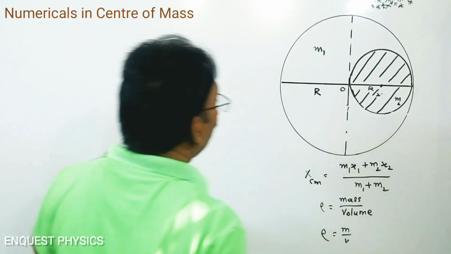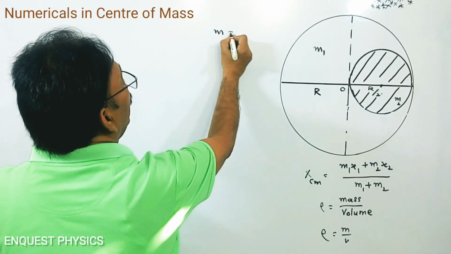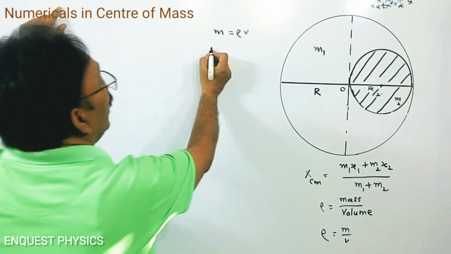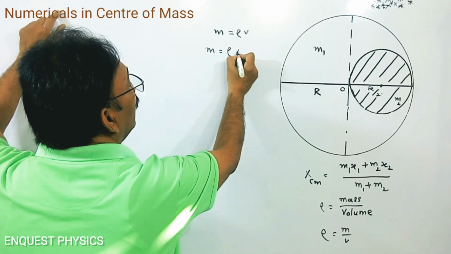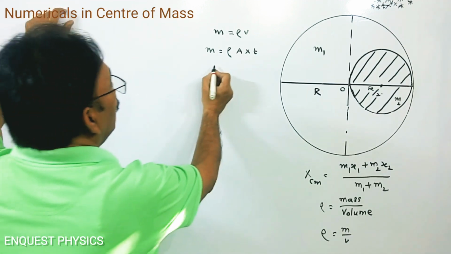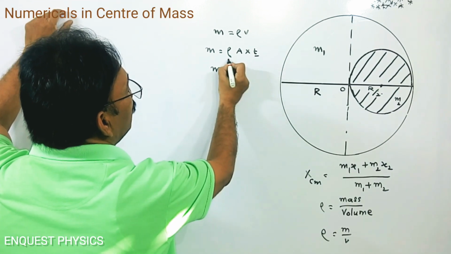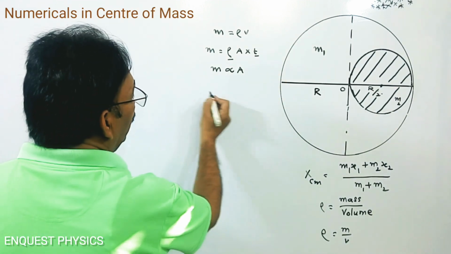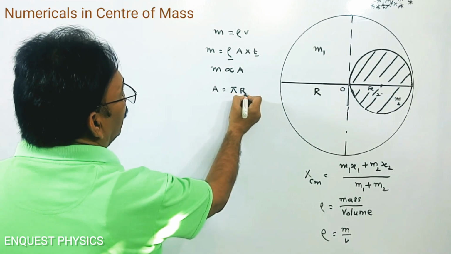Or m can be written as m is equal to rho v. Volume is area into thickness. Thickness is constant, so m is proportional to A, the area of cross section. It is a circular plate, and you know that area is equal to pi r squared.